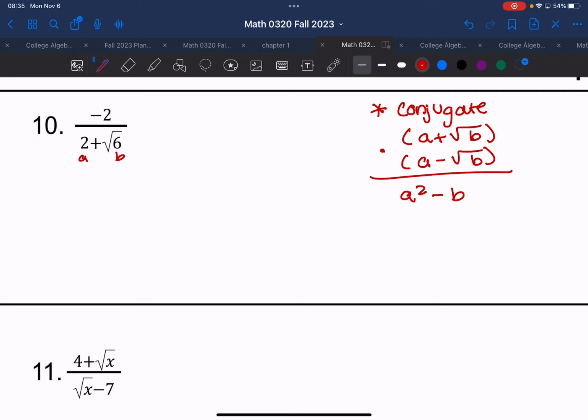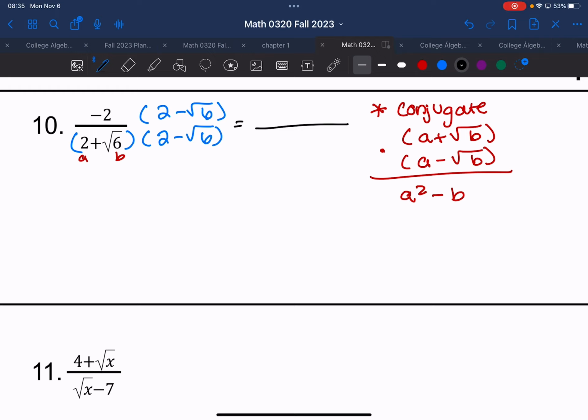So in order to solve this, we need to multiply the top and the bottom by the opposite sign. So instead of 2 plus, this is going to be 2 minus the square root of 6, top and bottom. For the bottom, we just use that conjugate formula, and we know on the bottom we are going to have a squared minus b.